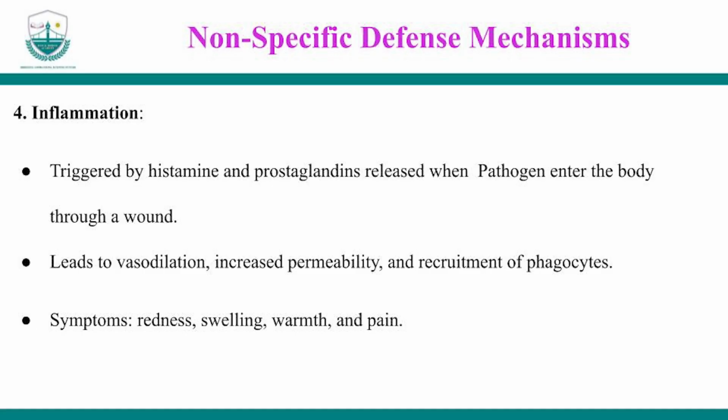And consequently, there will be swelling, redness, pain, and warmth in that area. So inflammation helps to tell the body that there is a problem here and we are trying to address the problem. That means inflammation can help in resolving the problem.